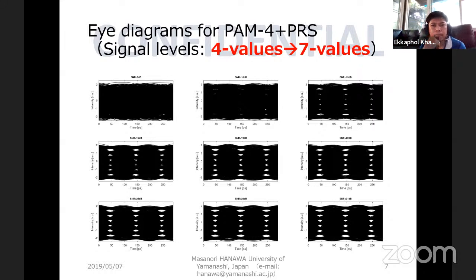In the dual binary case, a two-valued PSK signal was changed to a three-valued dual binary signal. But in the case of a four-valued PAM4 signal, the PAM4 PRS signal is a seven-valued signal.